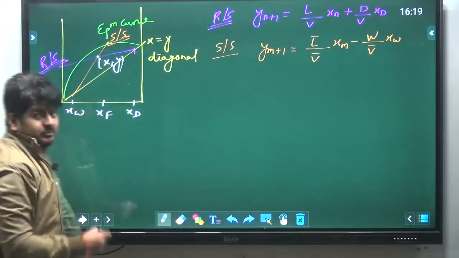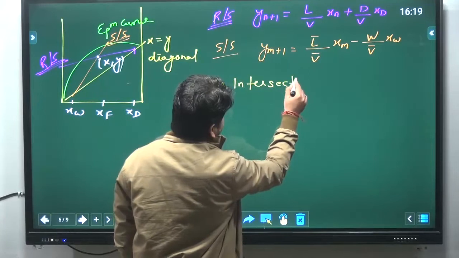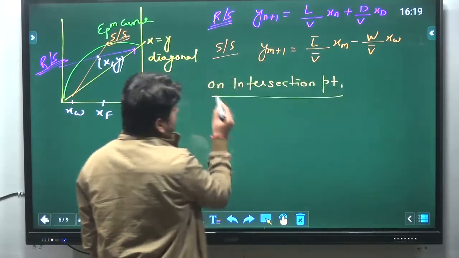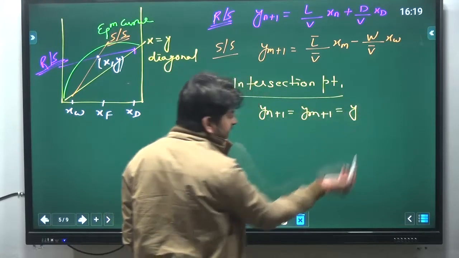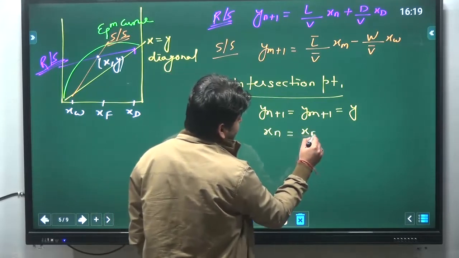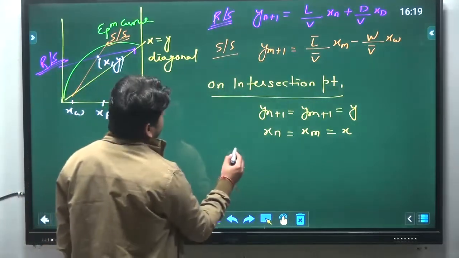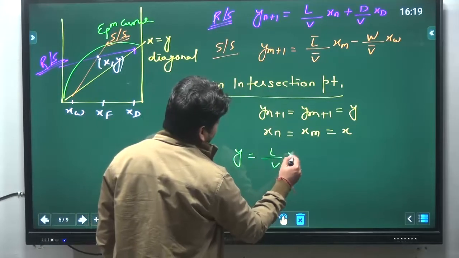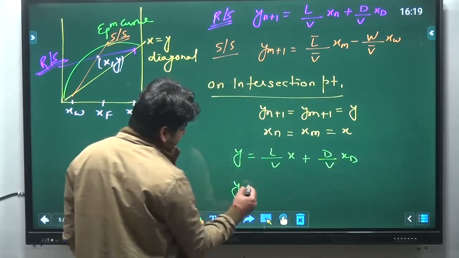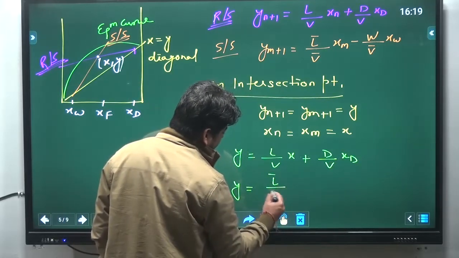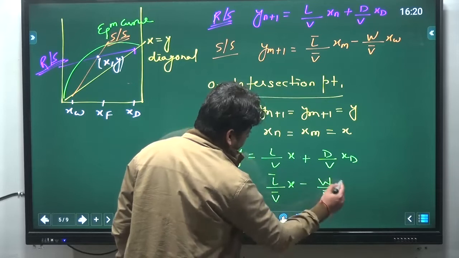So on the intersection point, one thing is obvious that yn plus 1 and ym plus 1 are same, and we can say that is y, and xn is equal to xm, and that we can say is x. Okay, so the equations will become y equal to L upon V x plus D upon V xD, and the second one is y equal to L bar upon V bar x minus W upon V bar into xW.